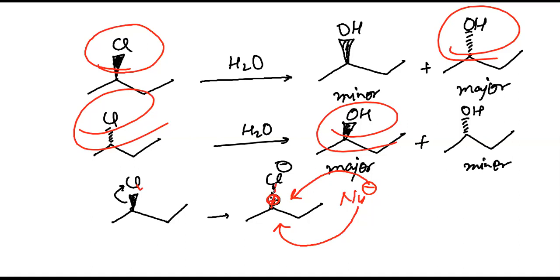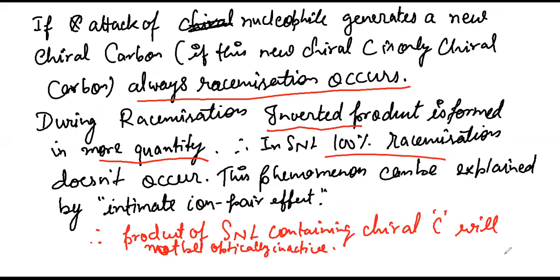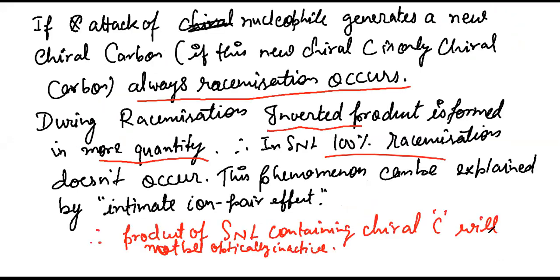Major product will always be formed from the backside. Are you getting this? Yes, sir. So this is the stereochemistry of SN1. Do you need to see the back slide, or is it okay now? Okay, sir. I'll note it down, sir. You want to note? Okay. Yes, sir. This slide. Complete it fast.